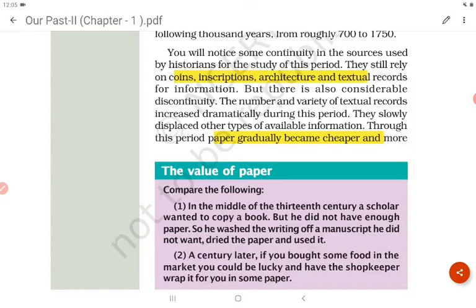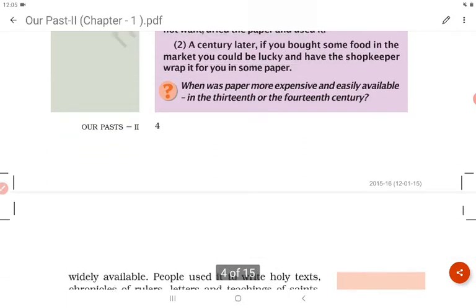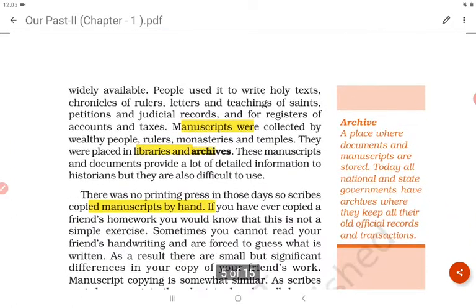Historians rely on coins, inscriptions, architecture, and textual records for information. But there is also considerable discontinuity. The number and variety of textual records increased dramatically during this period. They slowly displaced other types of available information. Through this period, paper gradually became cheaper and more widely available.